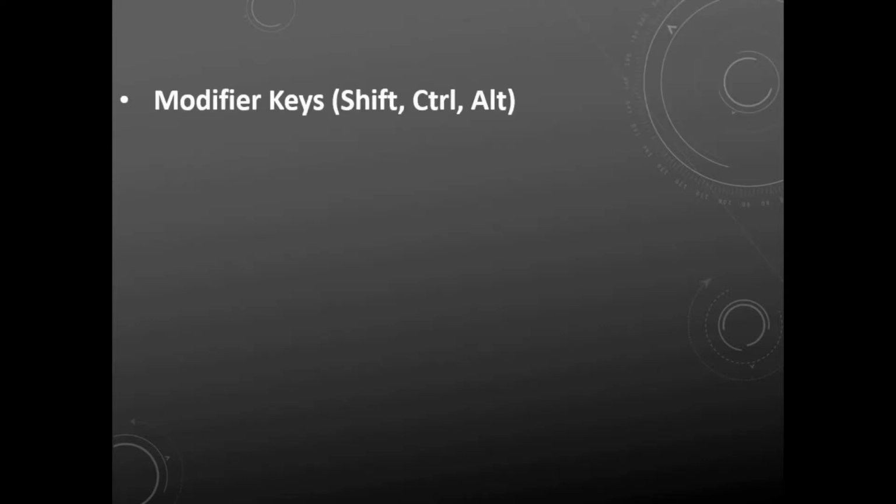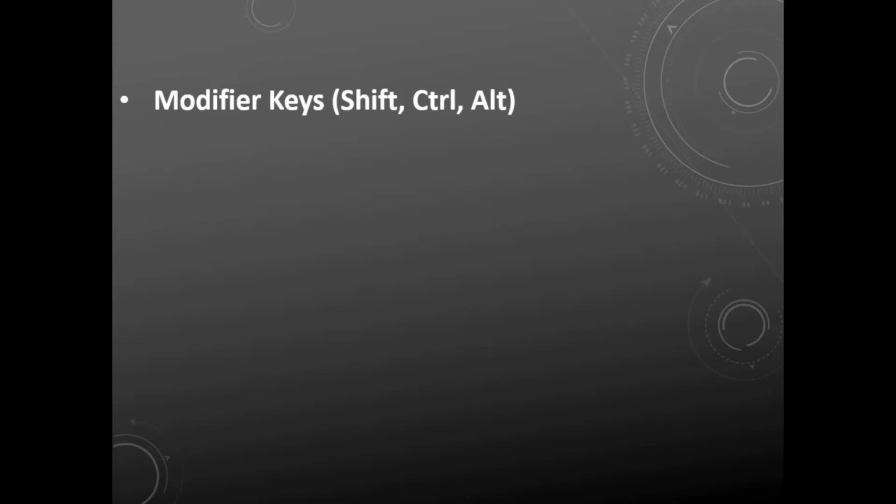Next we have modifier keys: Shift, Control and Alt key. These keys are not used individually. They are used in combination with any other letter in order to perform an action. Most of the time the Alt key is used to activate the menu, like Alt F to activate the file menu, Alt E to activate the edit menu.